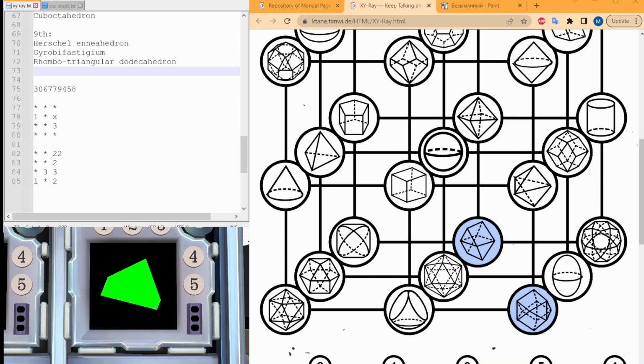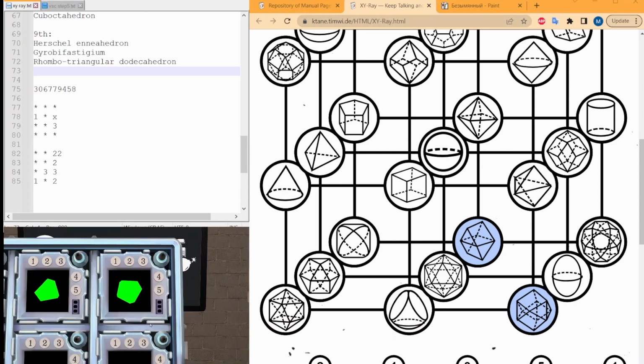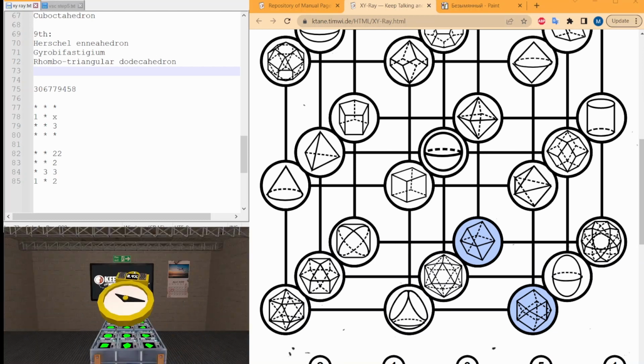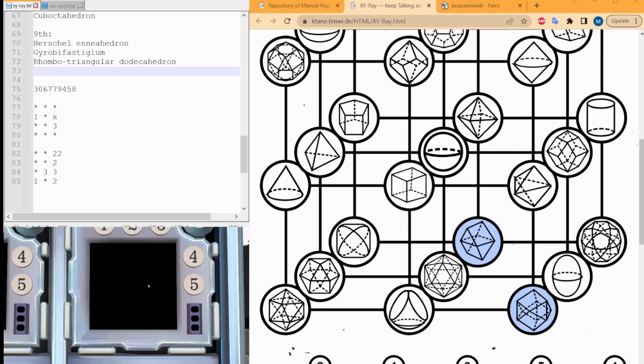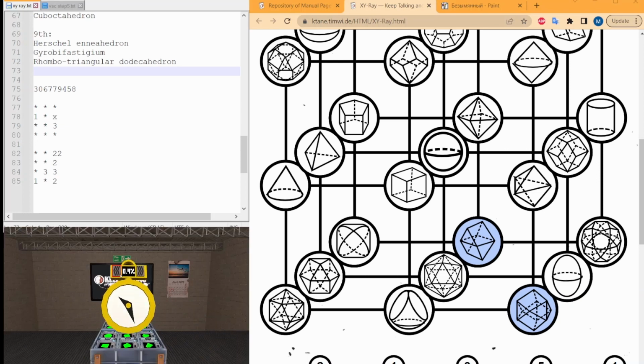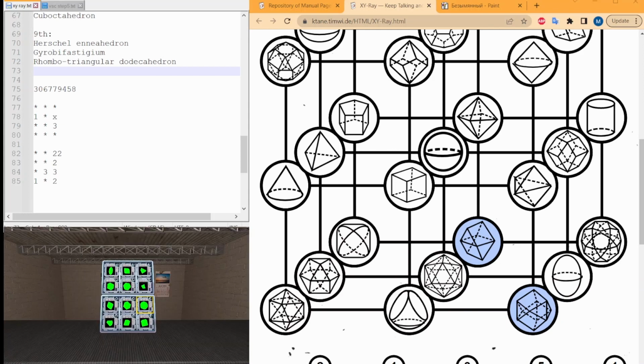One, 2, 3, 4, 5, 6, 7, and 8. Okay, and to confirm, let's find any vertex with 4 connections. Yeah, actually the last one has 4 connections, so that is indeed the shape. Okay, let's go to the next one.